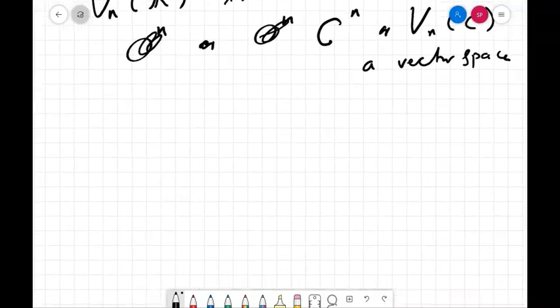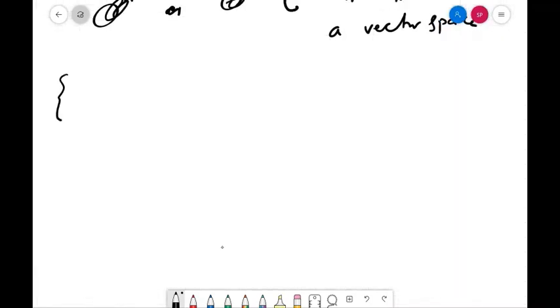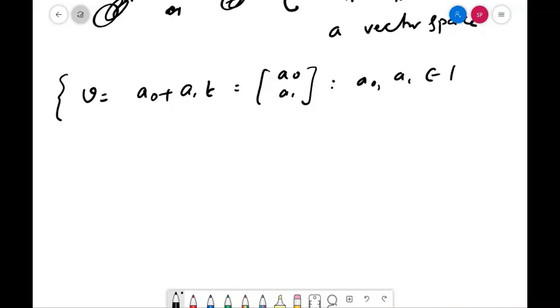Now let me talk about another set of vectors. Suppose I take a set which has, as I explained earlier, a0 plus a1t. This is a vector. I can even write it as a column vector a0, a1, such that a0 and a1 are real numbers. Then this set we call P1. This will also be a vector space, because the sum of two polynomials, every polynomial, you can convert to a column vector, and it goes like R2 only.